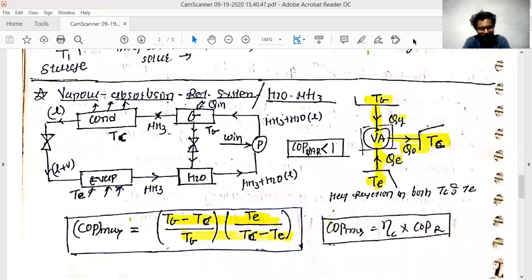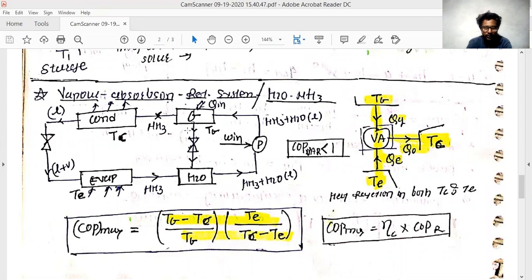Here I have drawn it in a different manner. Here you can see the pump is going to pump this water plus ammonia to the generator. In the generator the heat is added, and once you add the heat, the ammonia gets separated and passes through the condenser, expansion valve, and evaporator.